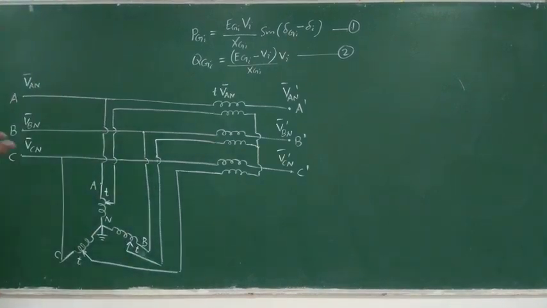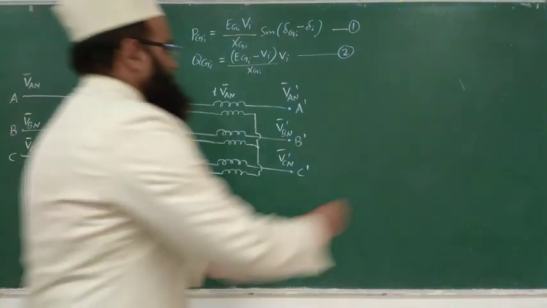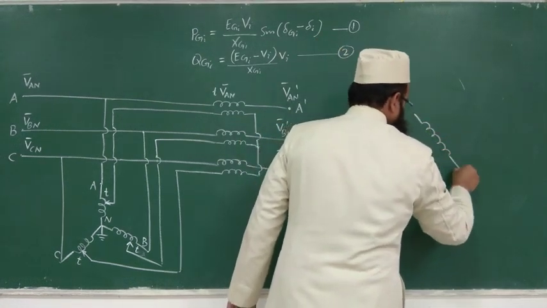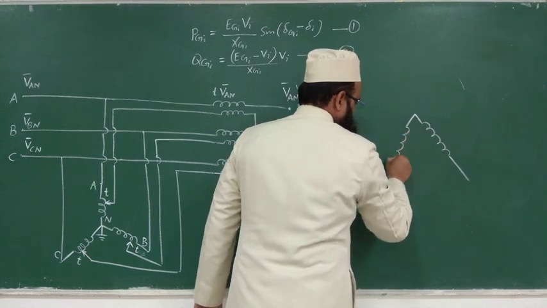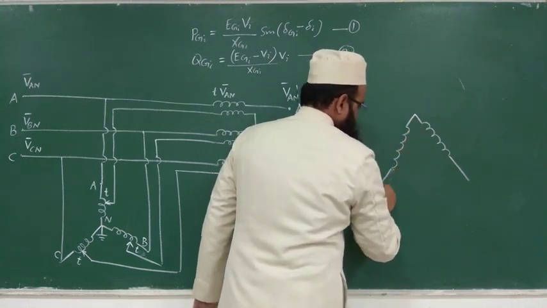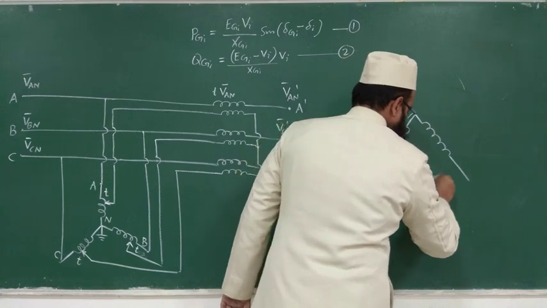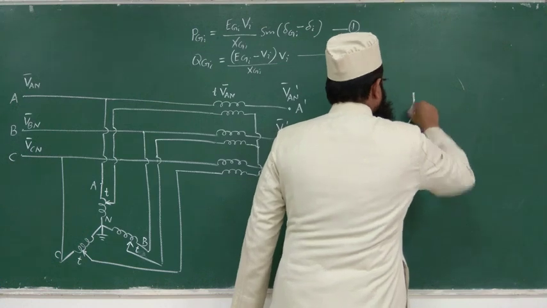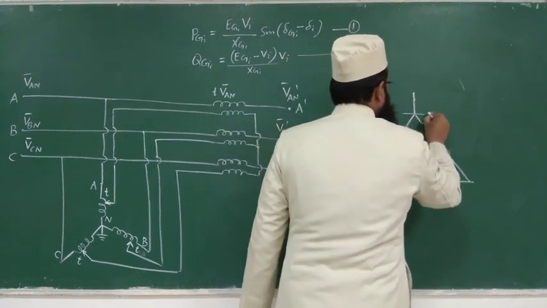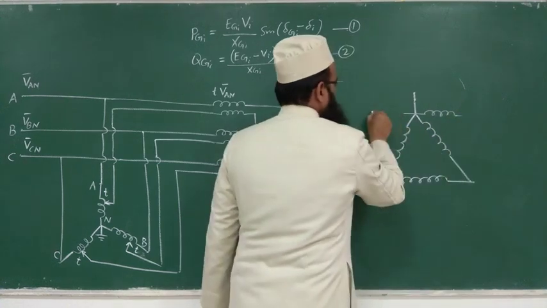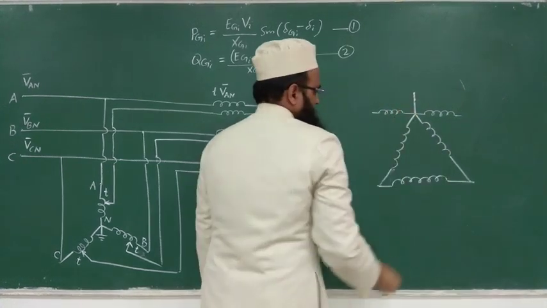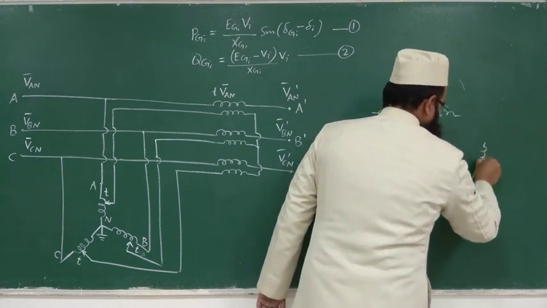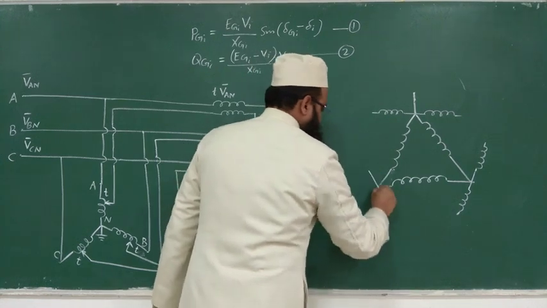Okay. So I will draw another. Okay, let us draw here. So this is delta connected. Just draw it. Let us denote it again by ABC. Okay, first draw this also. Let us draw this also.